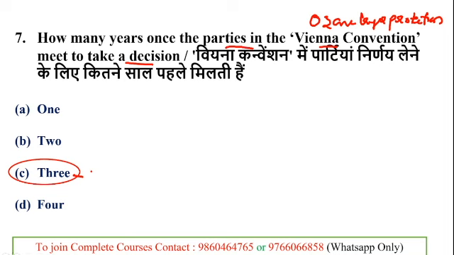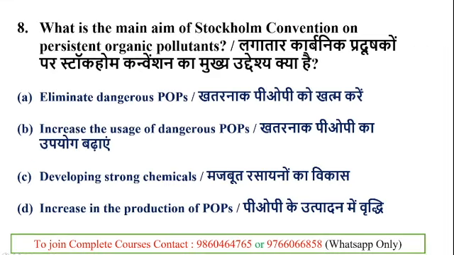Okay, and then the next question is related to the main aim of the Stockholm Convention on persistent organic pollutants. Students, let's look at the question first. The main aim of the Stockholm Convention on POPs. So the persistent organic pollutants are POPs.